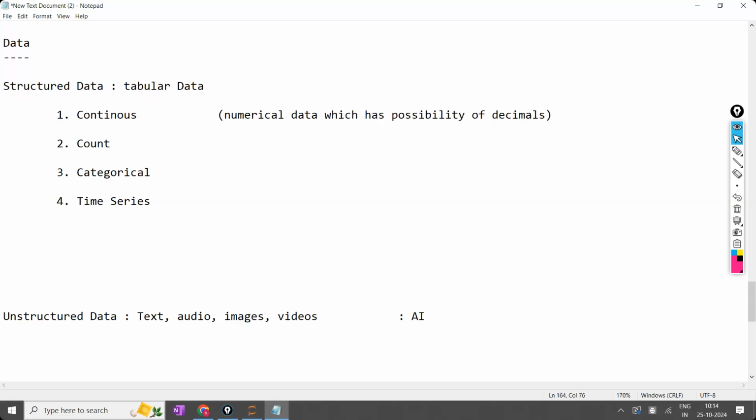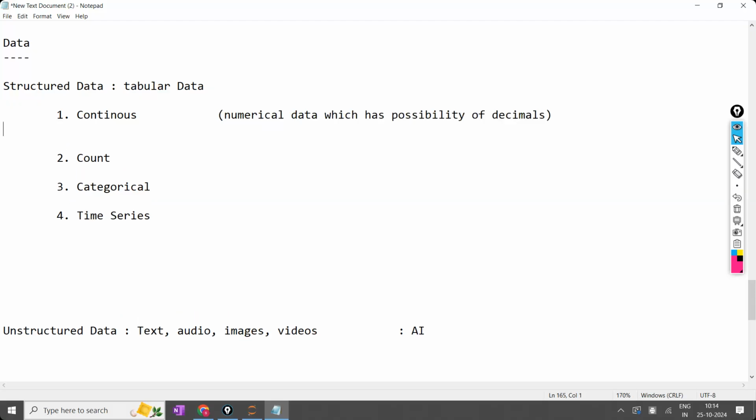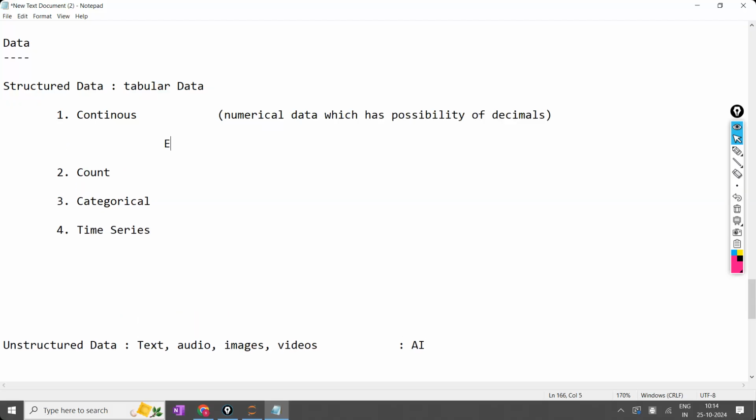That data is called continuous data. An example for this is the age column. The age of a person might be 24, even 24.4, 24.5. Anything can be there.